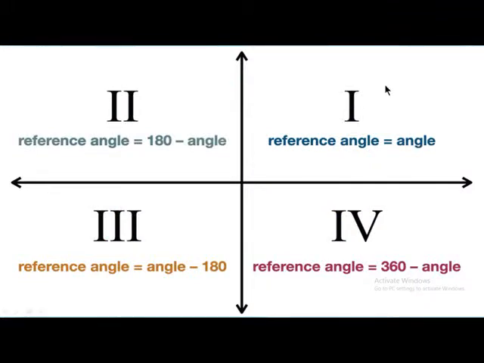Okay, at the first quadrant, its reference angle equal to the actual angle. At the second, reference angle equal to 180 minus the angle. And the third is reference angle equal to the angle minus 180. And the fourth quadrant, reference angle equal to 360 minus the angle.